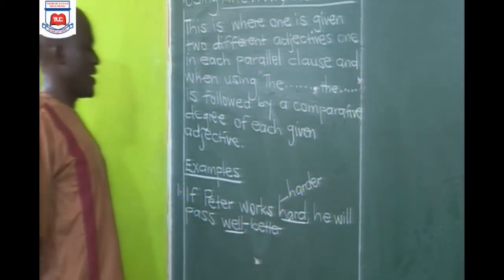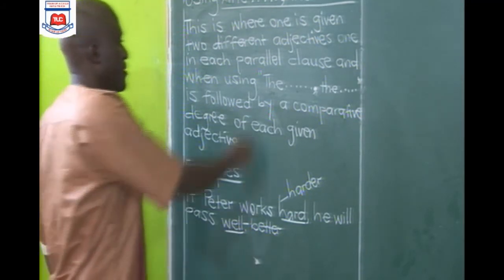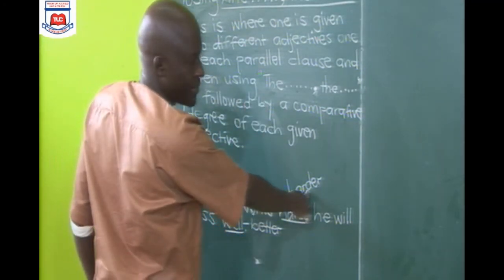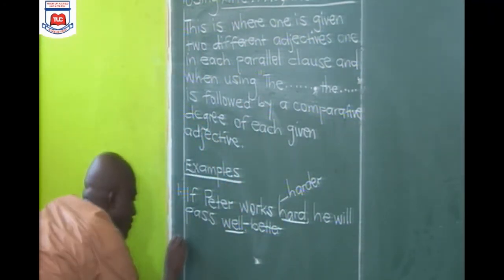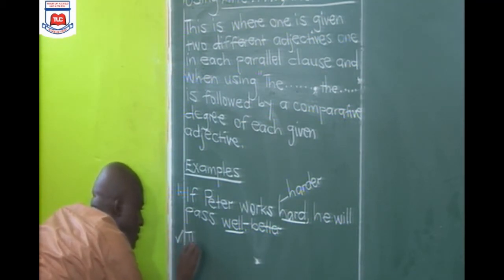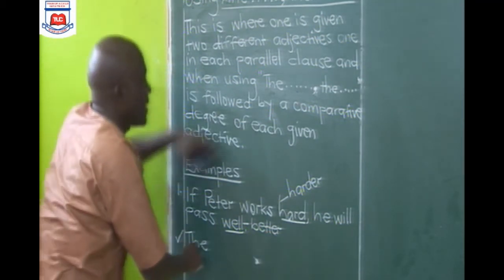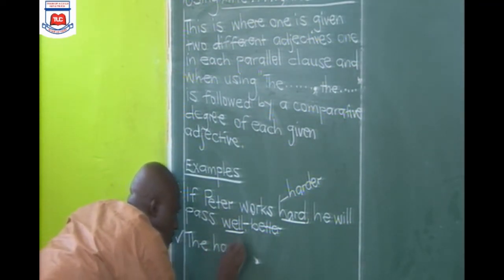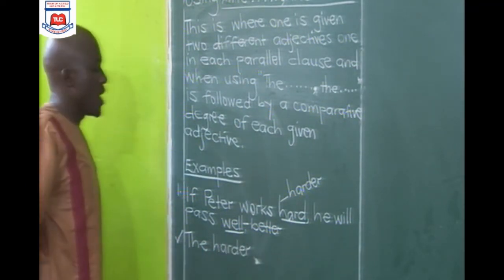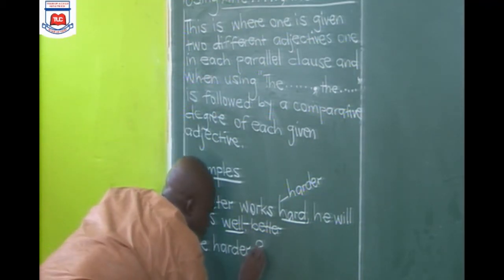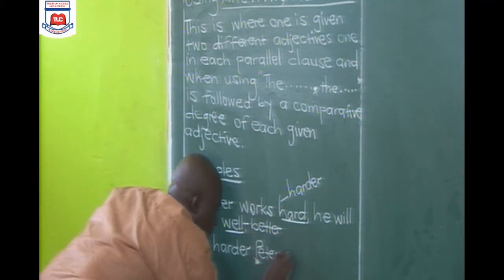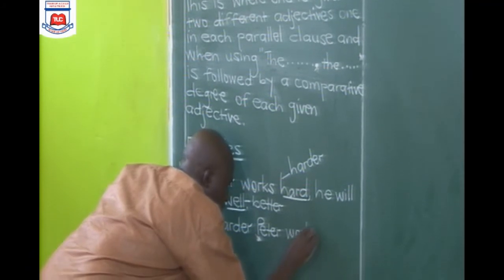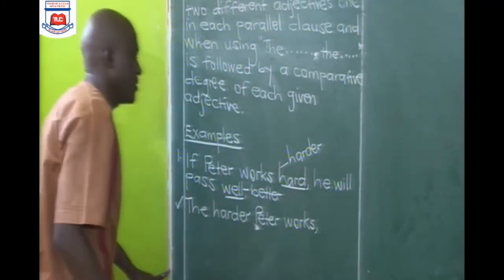Now, the moment you say the, it must be followed by a comparative degree. So our response here is going to be, the harder. Then the noun follows, the harder Peter works. Put the comma there.